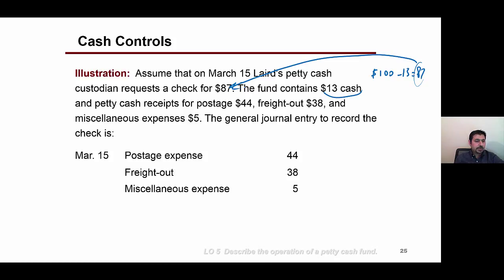On the other hand, the cash account will be credited $87. This is the amount of the check that will be written out to replenish the petty cash fund. In this case, as you can see, we had those three payments, and the total of these payments was $87.